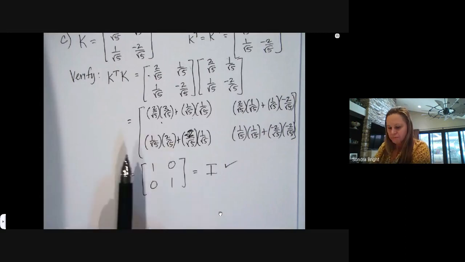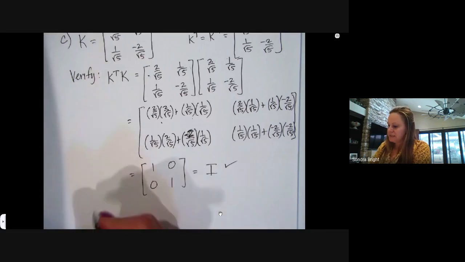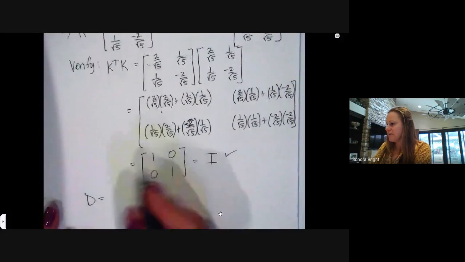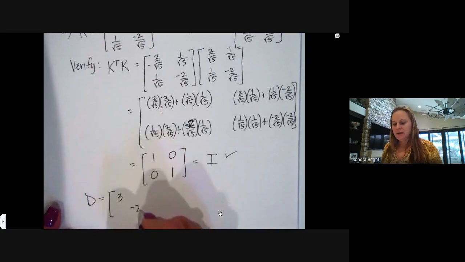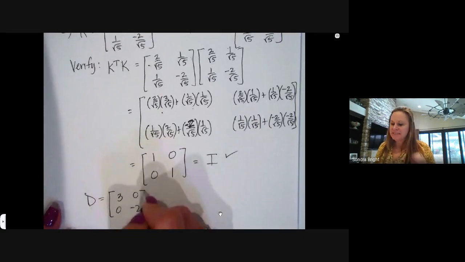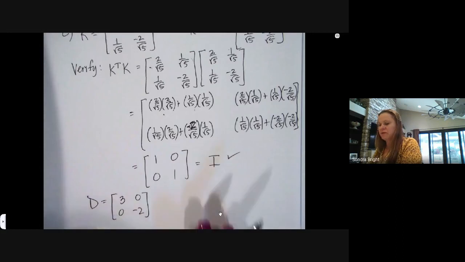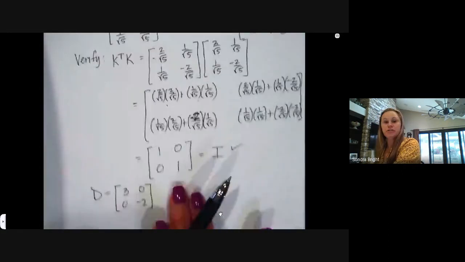The diagonal matrix is the one where down the diagonal are your eigenvalues, and our eigenvalues were 3 and negative 2. I think we have you verify that D is actually what it's supposed to be for a 2 by 2.